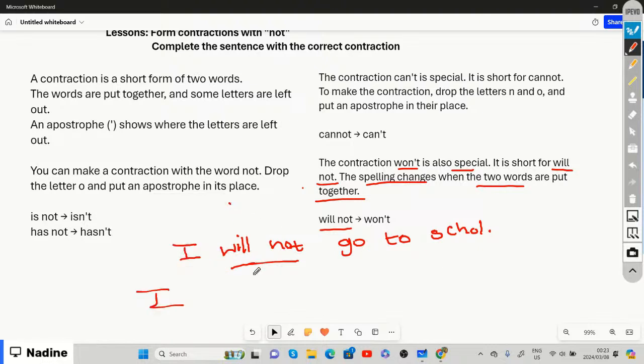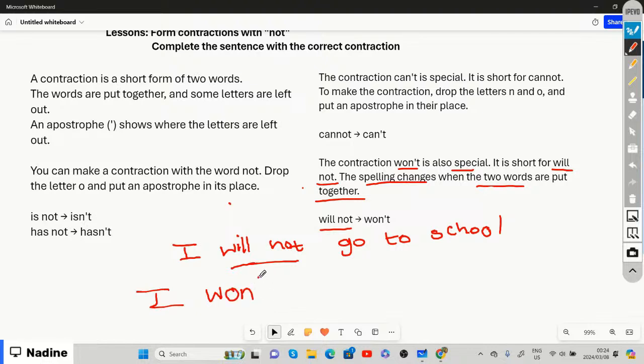All right. So we can say, I will not go to school. So I will not go to school. This is a double O. And if we change that word and find the shortened version of it, we can say I won't.